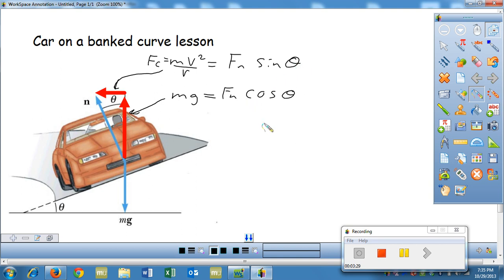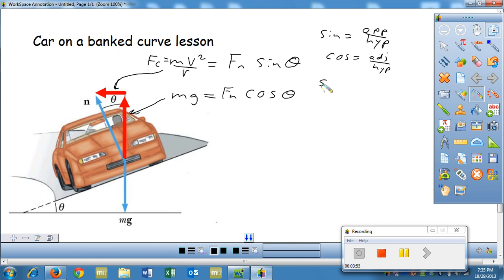Now here's where the little trick comes in that puts this whole piece together. You need to know a little bit of trigonometry. The sine is the opposite over the hypotenuse, and the cosine is the adjacent over the hypotenuse.